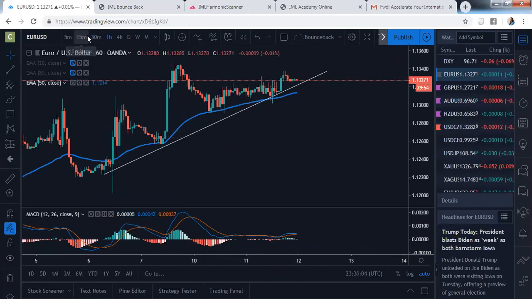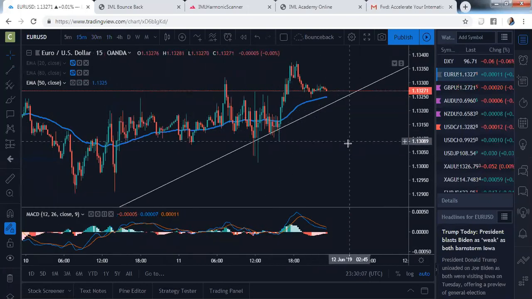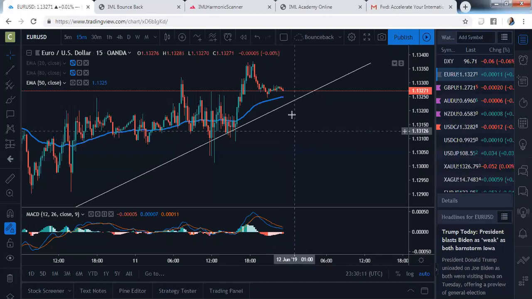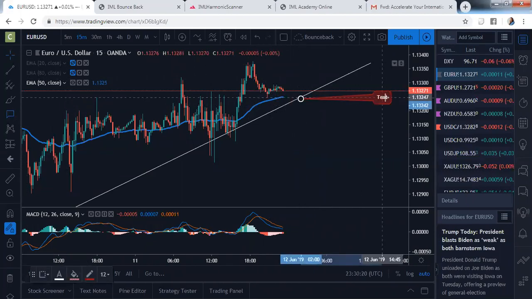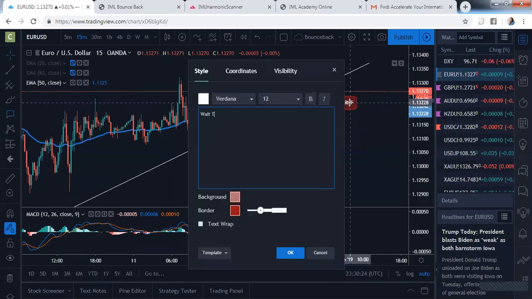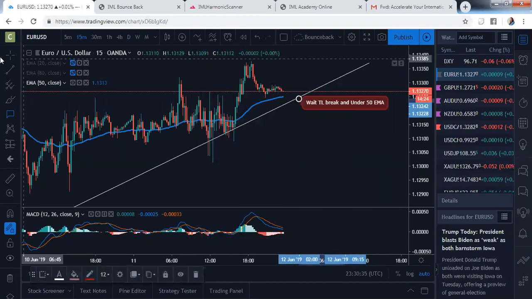And I'm going to come down 2 time frames to my 15-minute time frame, right? Now remember, harmonic scanner called a sell, right? This is my trend line. I'm waiting for it to break my trend line, right? So for here, my note would be wait for TL break and under 50 EMA, right?